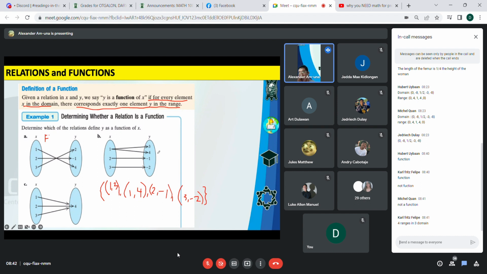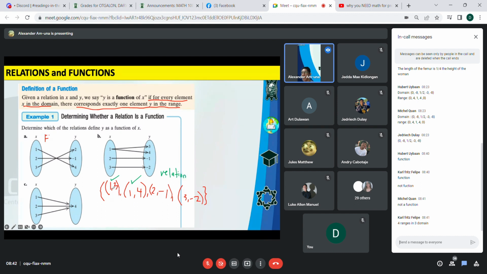So as you can see, we have two values for the 1s. Right? Highlight that. This one is 1. This one is also 1. Right? So in this case, this is just simply a relation. Okay.